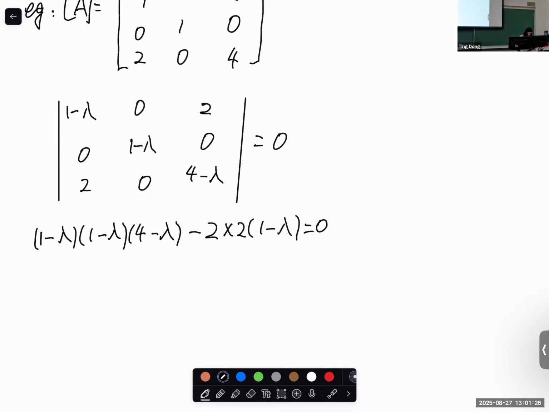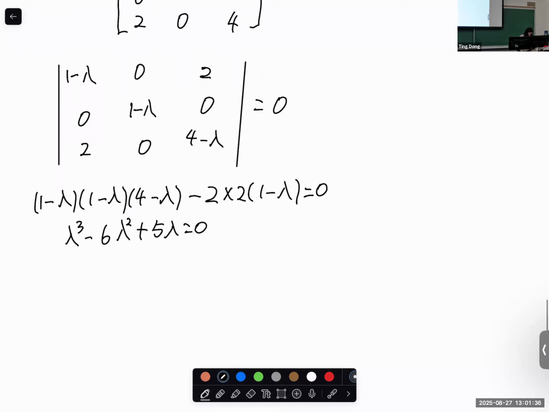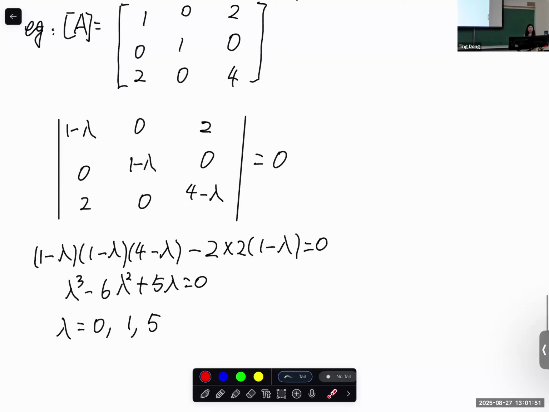So I simplify this equation, and of course the 3 eigenvalues are 1, 5. So this is just a simple example. I'm pretty sure you did this before in other classes.